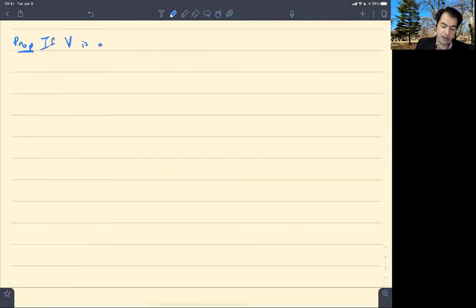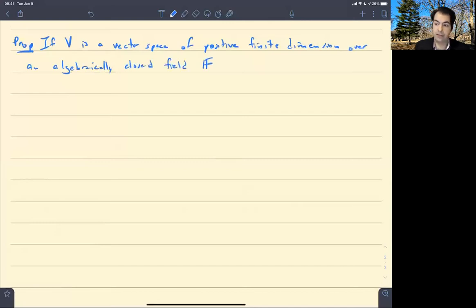If V is a vector space of positive finite dimension over an algebraically closed field F, then every linear map from V to itself has an eigenvalue.